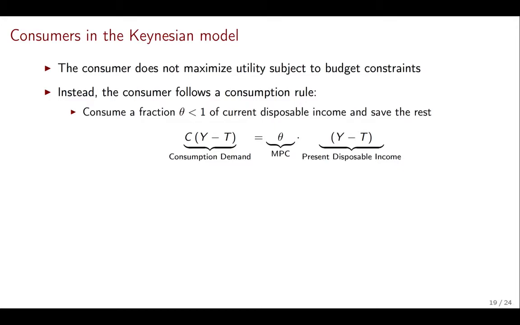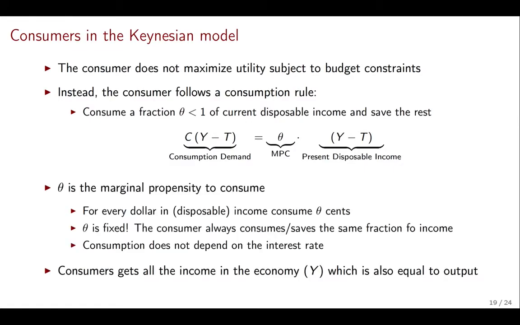Now, because we're going to be consuming a fraction of disposable income, that fraction is exactly the MPC. That fraction, the marginal propensity to consume, is telling us directly how for every dollar of disposable income, the consumer wants to consume theta cents. The name of this Greek letter is theta, okay?